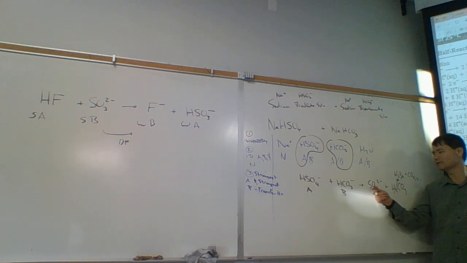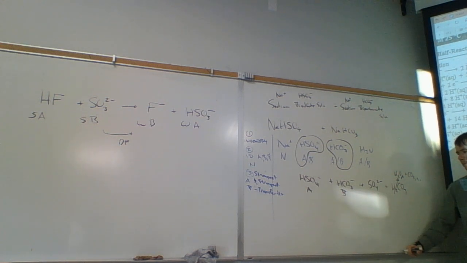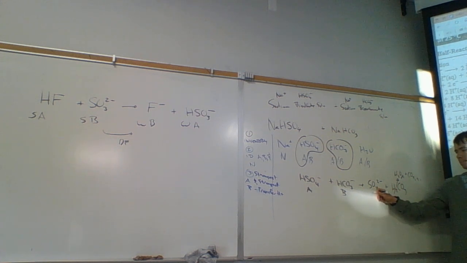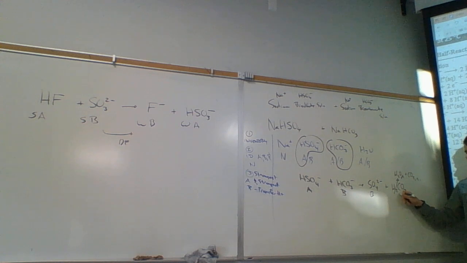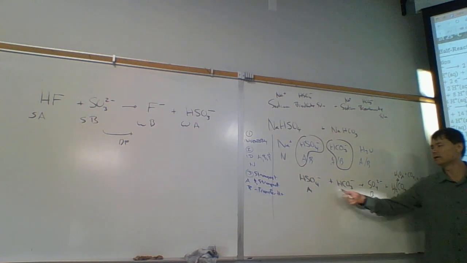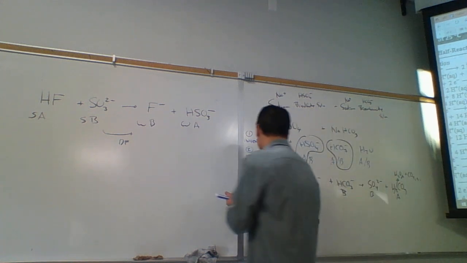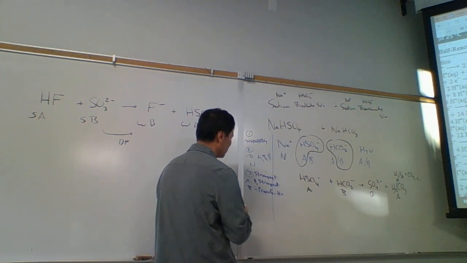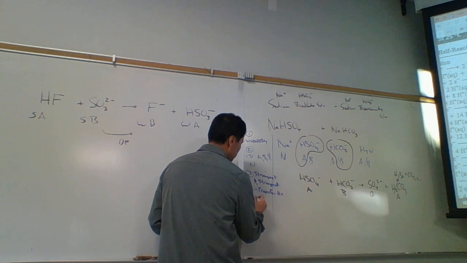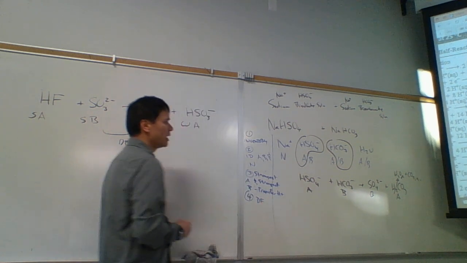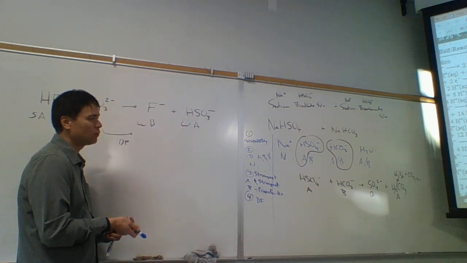Now if we go backwards, who gains, who loses? That's the base. This carbonic acid loses, that's the acid. Now we're going to look for the driving force. We have to determine which way is downhill, forward or reverse.